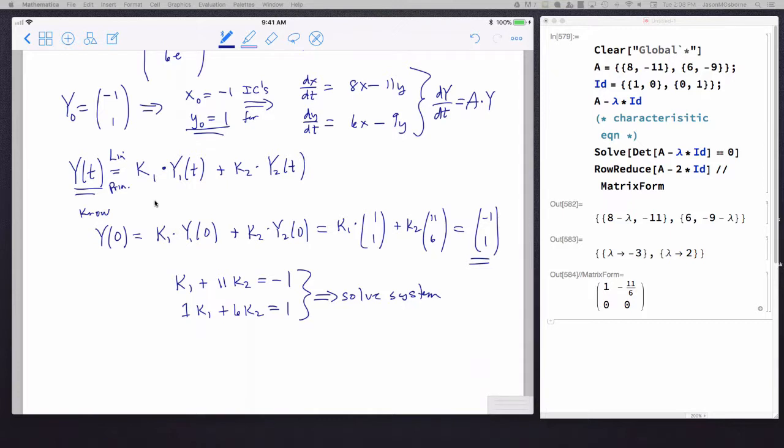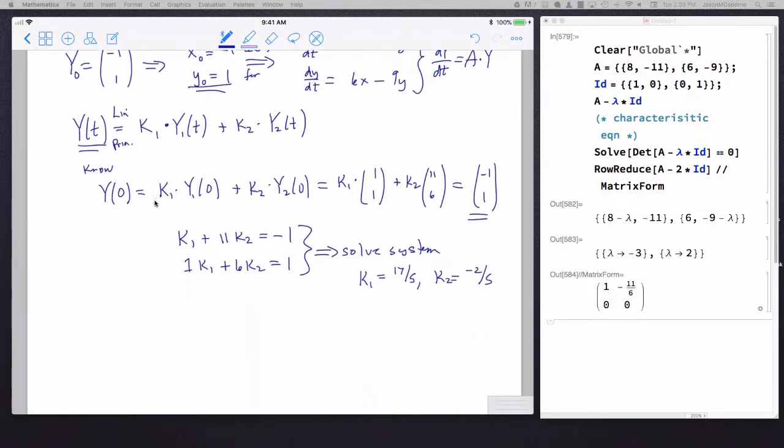right? And then you will find that k1 comes out to be 17 over 5, and k2 will come out to be -2 over 5. Okay.